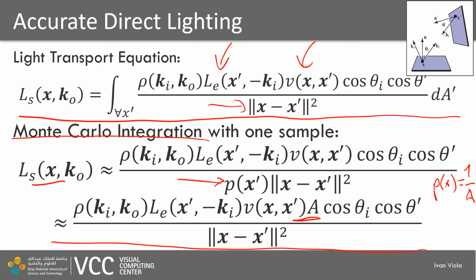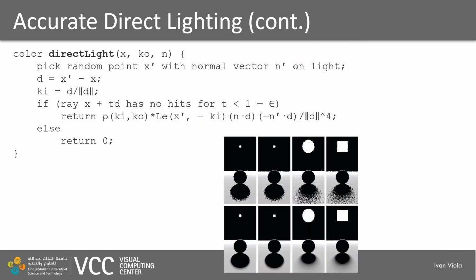We can see this in the following pseudocode. Here, the direct illumination of a point X with the outgoing direction omega o towards the eye and the normal at a particular surface point.